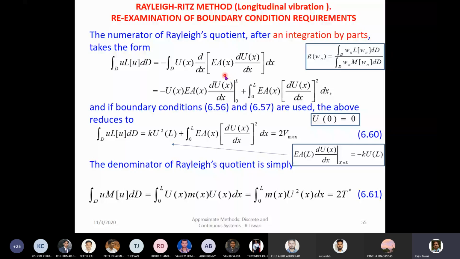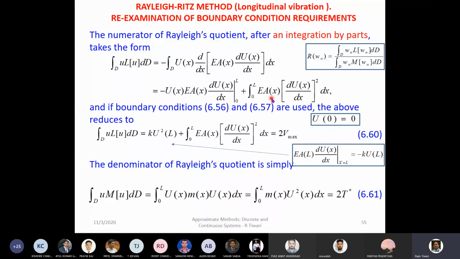So this is the first part, and then integration of the second part will give these limits 0 to L, plus then differentiation of this and integration of this. So that will multiply to give a square of that, and EA x will be here.